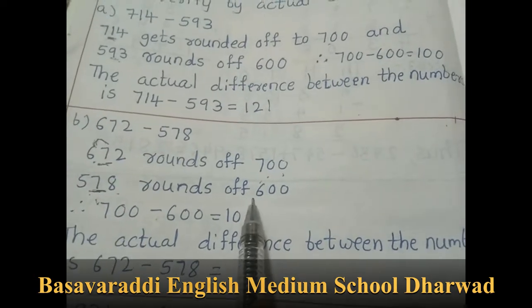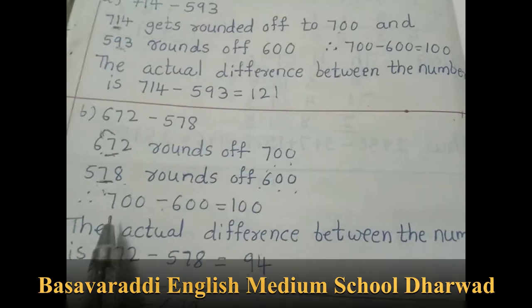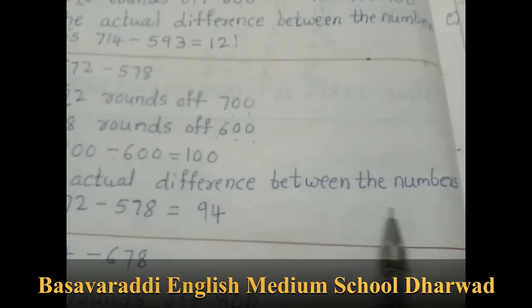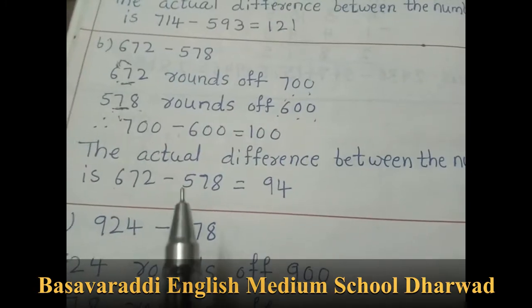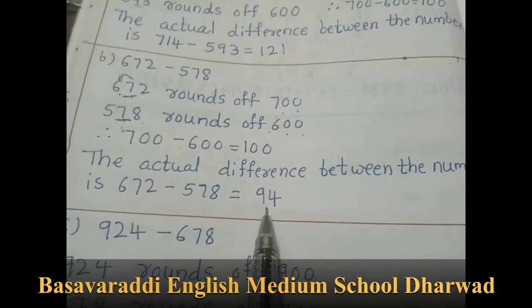Then 5 plus 1, 6, tens place 0 and ones place 0. 700 minus 600, that is 100. The actual difference between the numbers, 672 minus 578, is 94.